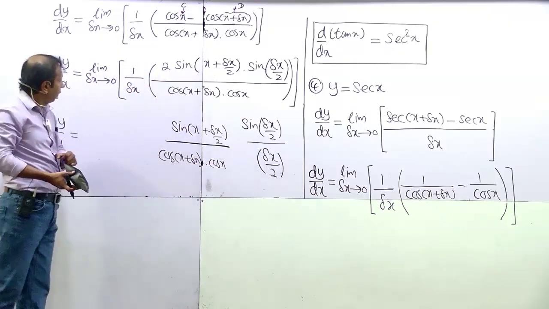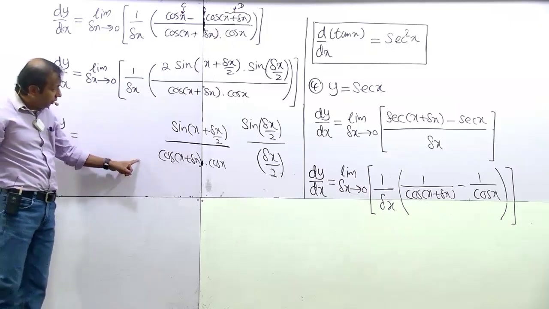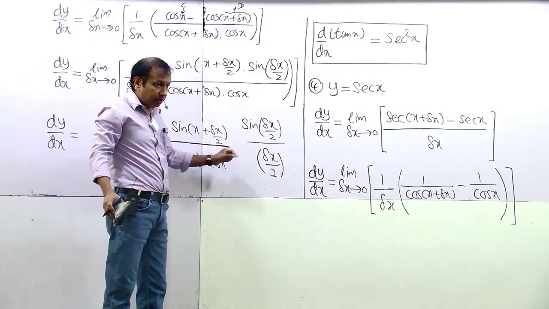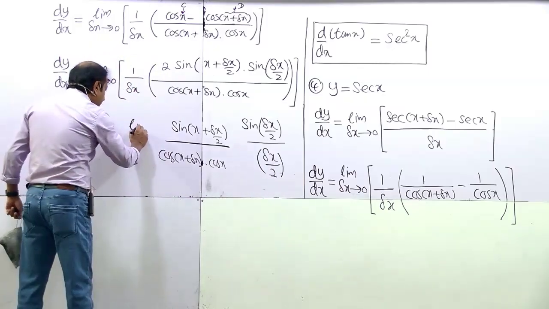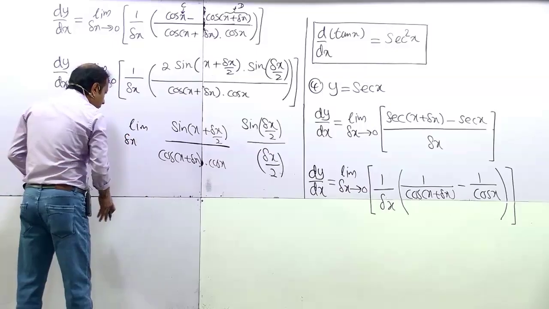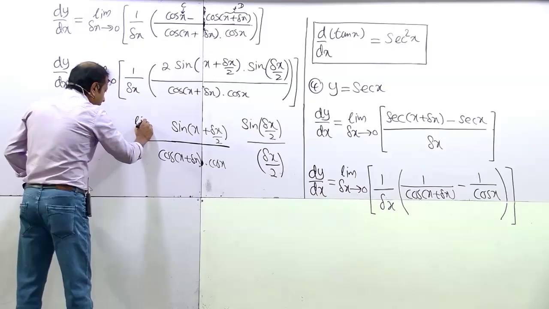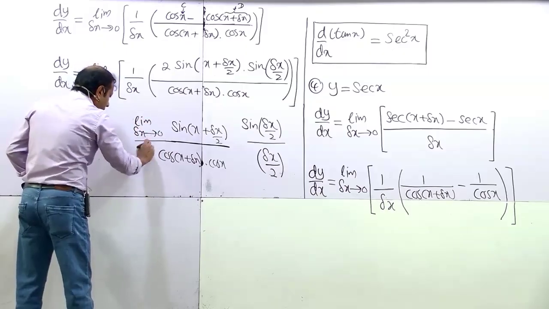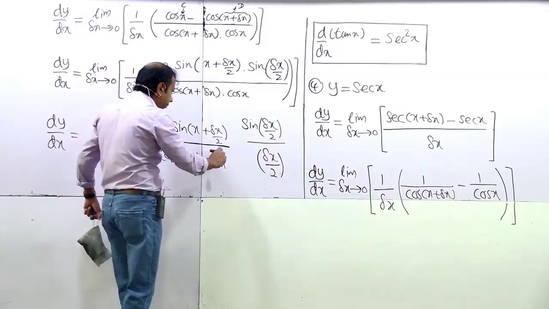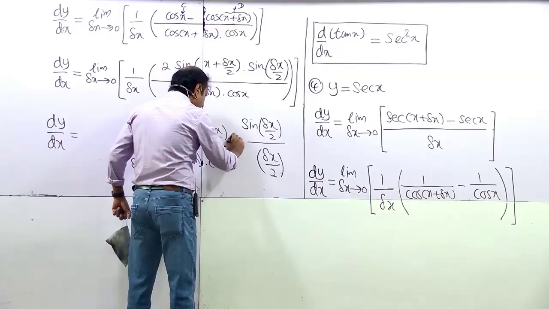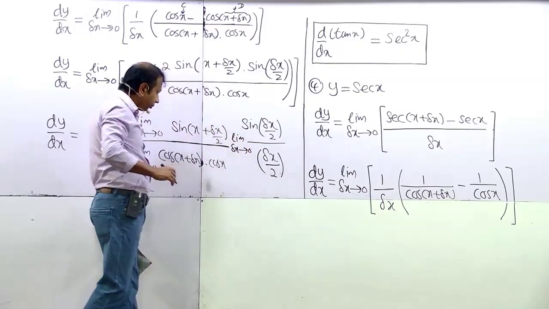Right. Now, this limit delta x equal to 0 I apply for this, this and this separately. Then evaluate, we get the answer. Limit delta x equal to 0. First I apply for this numerator this way, and then the denominator like this, and here. Okay.